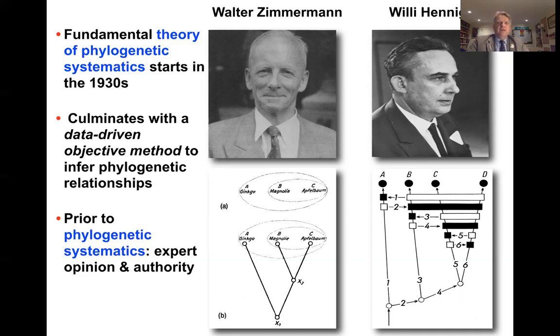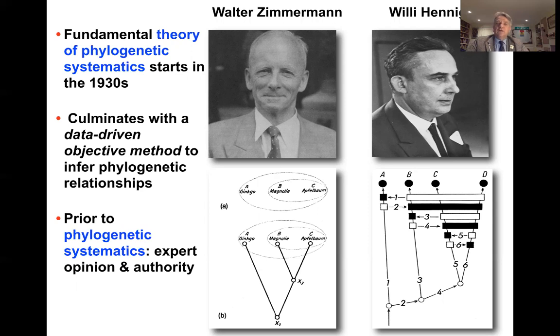Prior to the development of phylogenetic systematics, which starts in the 1930s and extends through to the late 1950s and into the 1970s, all phylogenetics was essentially based on expert opinion and authority, and there was no way to take a data set and have two scientists essentially agree or come up with the same conclusions given the data that was being used to think about how organisms were related to each other.